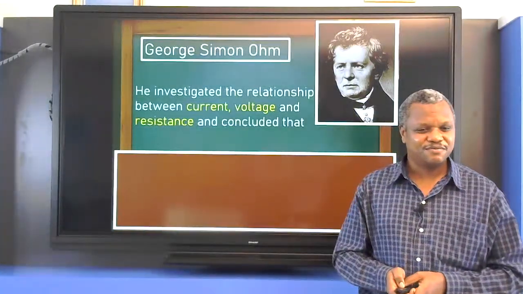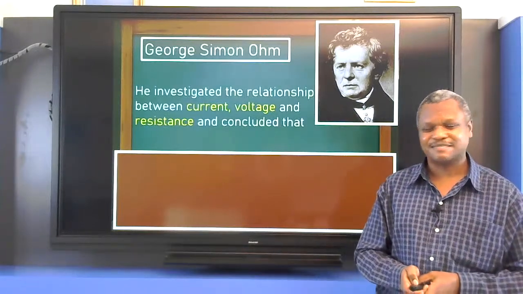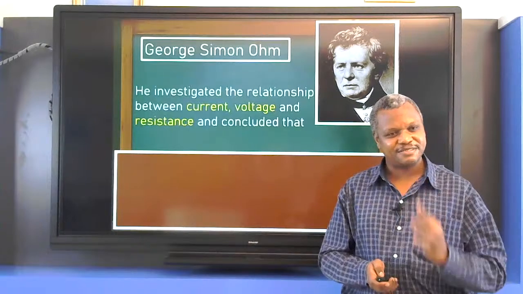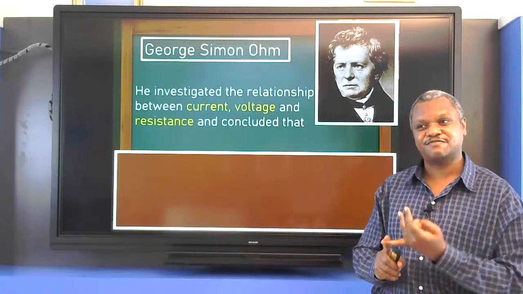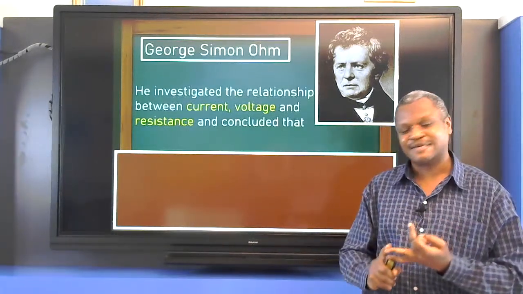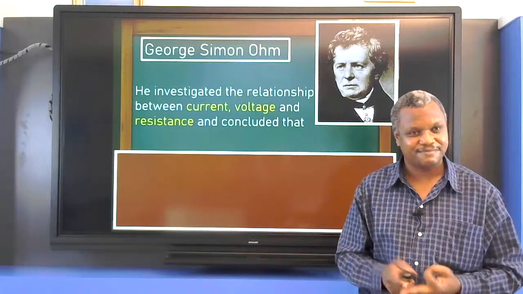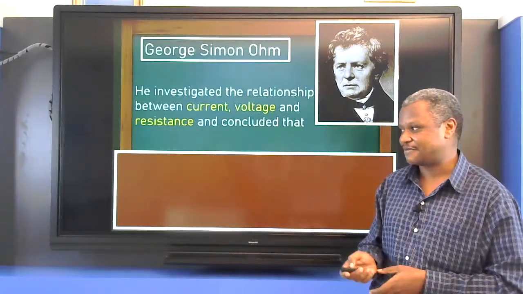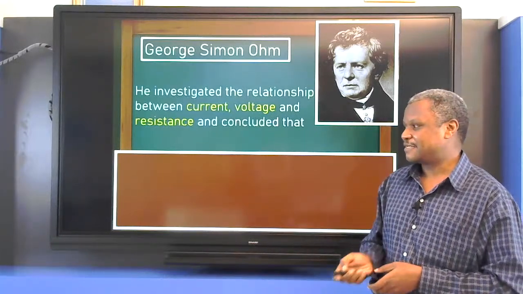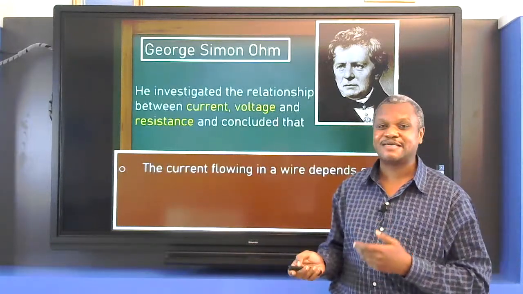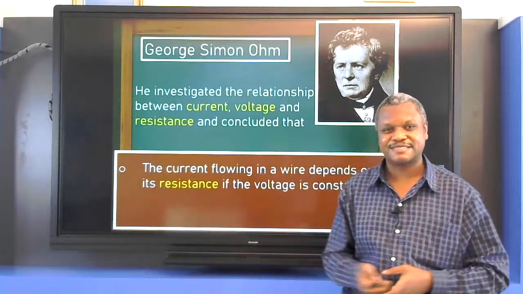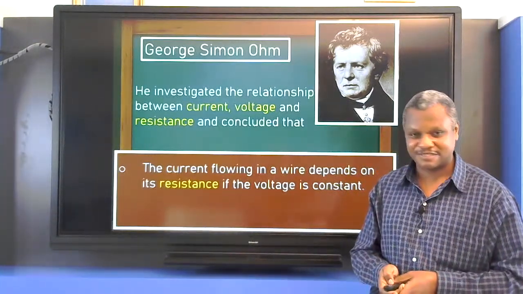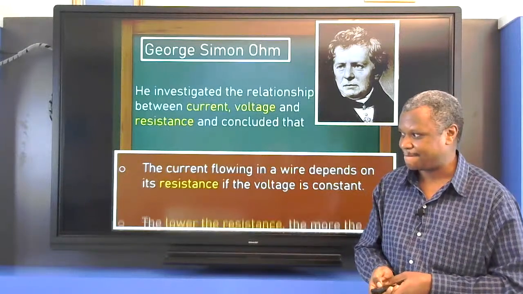Now, George Simon Ohm is a scientist that we learned about so much last time. He investigated the relationship between these three quantities here, which are resistance, the current, and the voltage. And when he did the experiment, he found out as follows. 1, he realized that the current flowing in a wire is dependent on the resistance and also on the voltage if it's constant.